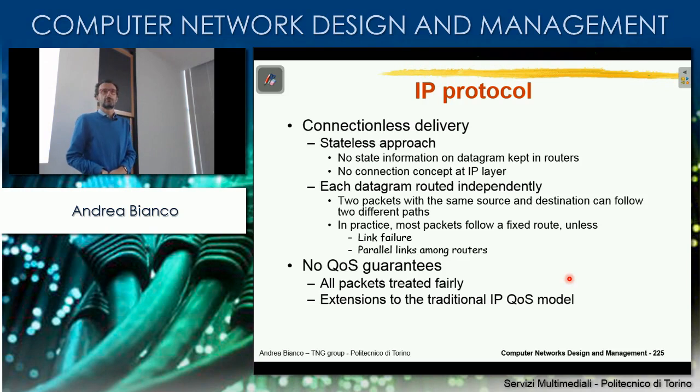You only look at the routing table. You go there, you look for the route, and you send. Next packet comes in, you make another routing decision. So if you generate tons of packets from A to B, in principle any packet can follow a different path, depending on the routing policy you adopt, which is not true for virtual circuit. You know that we have ordered delivery guaranteed because we are always following the same path. In this case, it's not true, at least in principle.